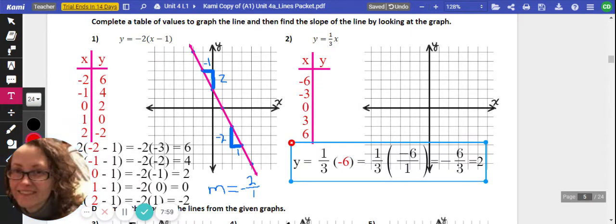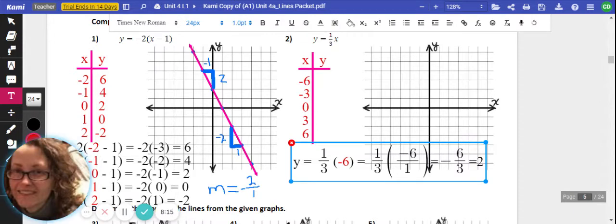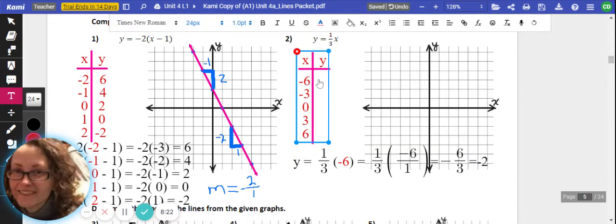And then in order to multiply these two fractions, I'm going to plop that -6 over 1. Multiply straight across. I get 1 times -6 is a -6. 3 times 1 is a 3. 6 divided by 3 is 2. And I forgot my negative sign. So let's go ahead and add that back in. So then my y value here is going to be a -2.